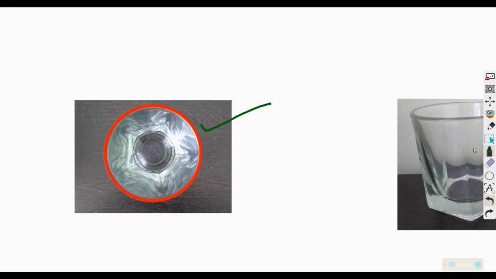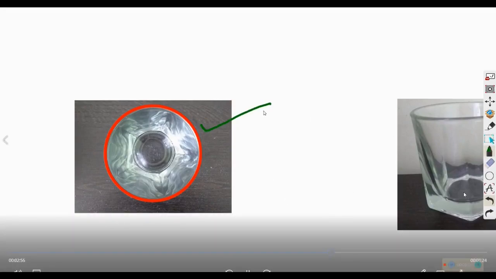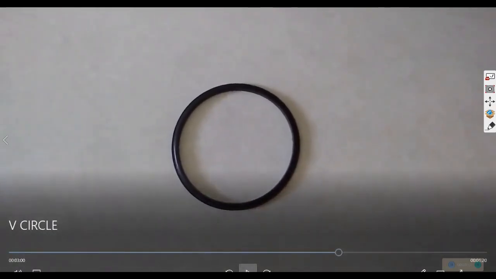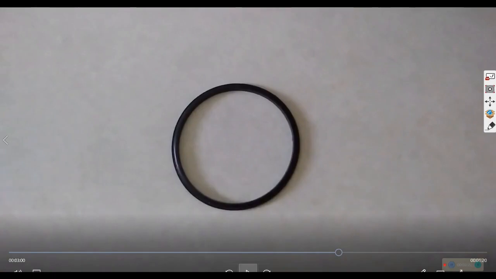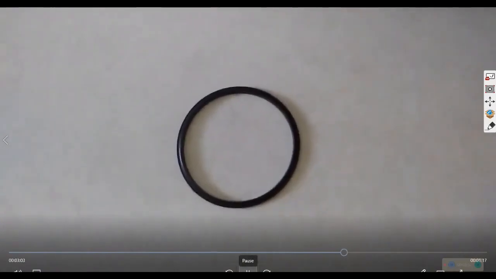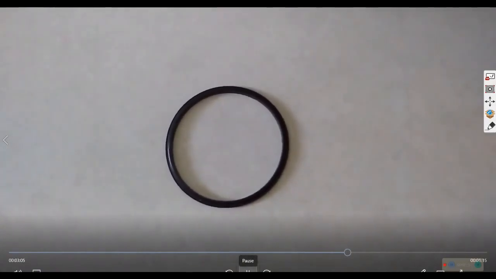That is one way. Another way is practically doing it: how to measure the circumference of a circle. You can see a perfect circle on the screen now. In order to measure the circumference of this circle, I should bring some thread or wire which I can place on the edges of this circular ring, which I will try to do in front of you.